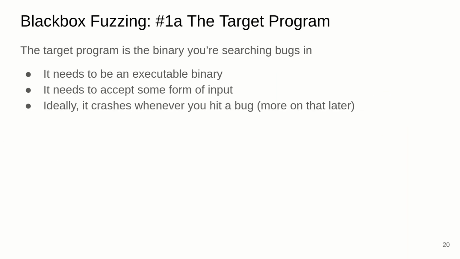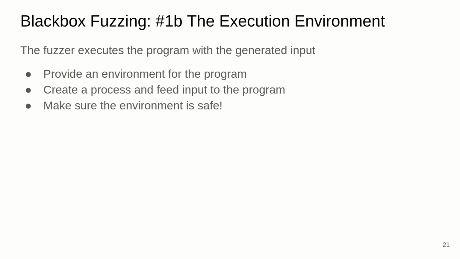The target program is the binary you're searching bugs in. It needs to be an executable binary, it needs to accept some form of input, and it crashes whenever you hit the bug, or it should crash whenever you hit the bug. And we'll talk more about sanitization later on. Now the fuzzer executes this binary program in some form of execution environment. The fuzzer executes the program with this newly generated input.